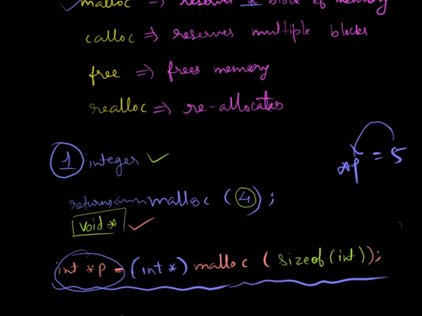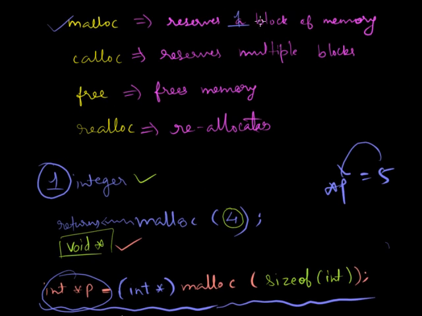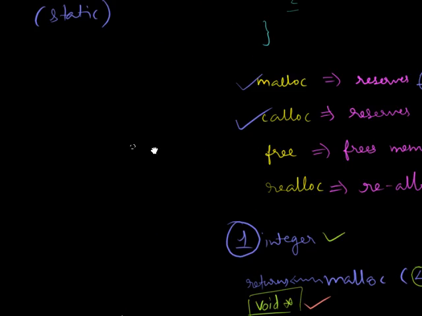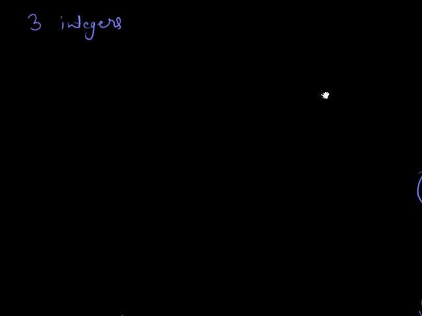Okay, now let us say you want to allocate 3 integers. Malloc reserves only one block of memory, so how would you reserve memory for 3 integers? You can make use of calloc because it reserves multiple blocks. So for 3 integers we use calloc, and we go about it the same way.